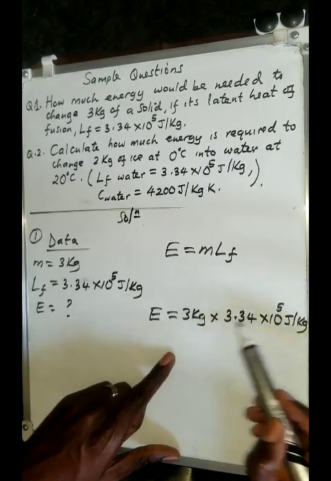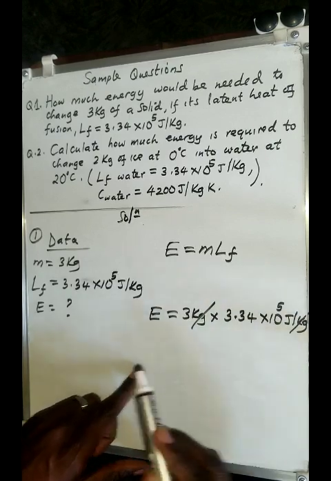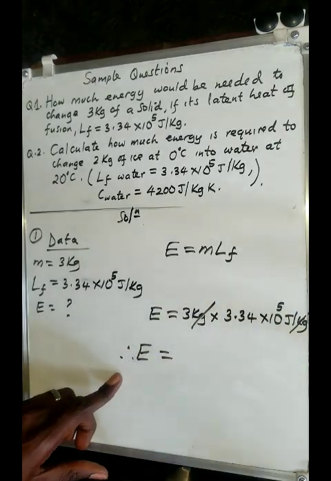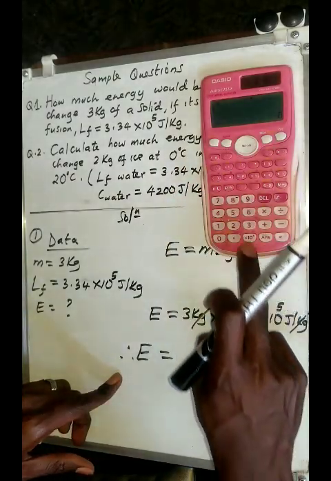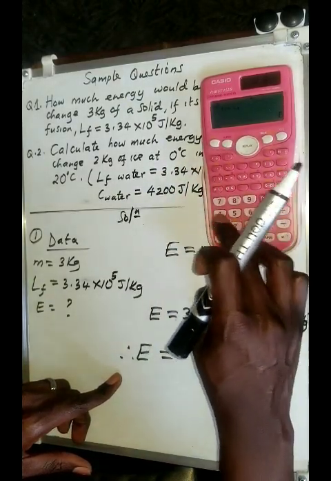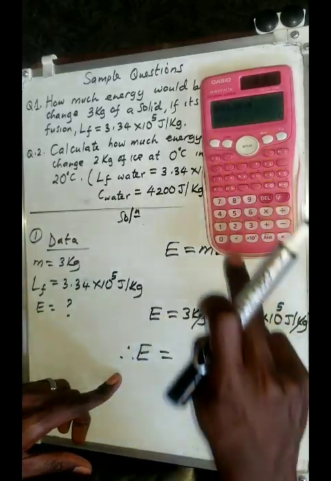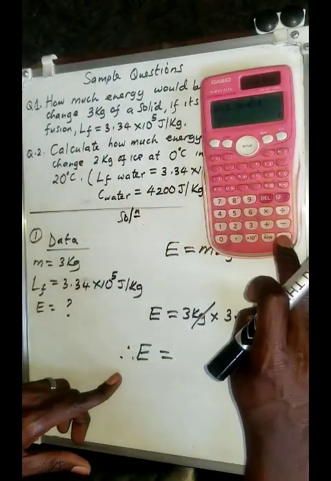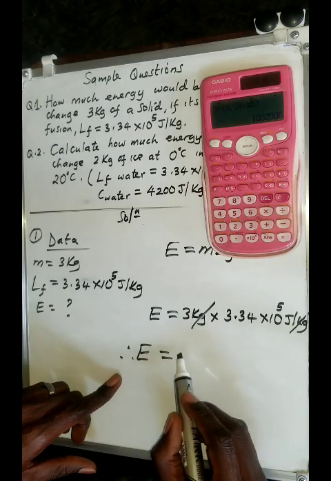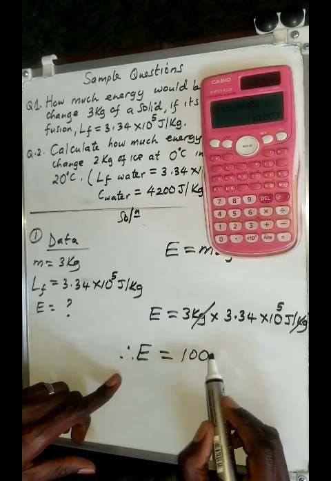If you notice, the kg and the kg will cancel. So E will be equal to, if you put it on your calculator, 3 times 3.34 exponent 5. If you work that out, it is simply going to give you, okay.